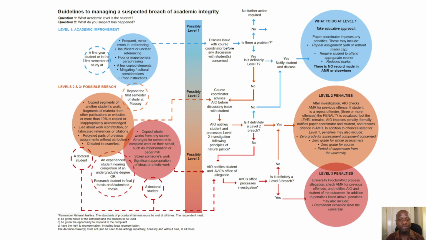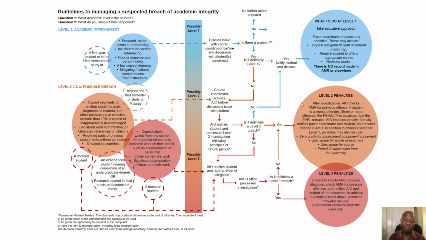So in level 2, the course coordinator advises a body within the institute to discuss the issue with the student. And of course, there are channels that are used to do that. Most of these will involve some bodies. It's at least beyond level 1. You need then to involve another unit within the university.